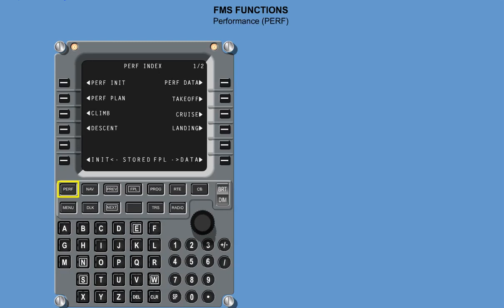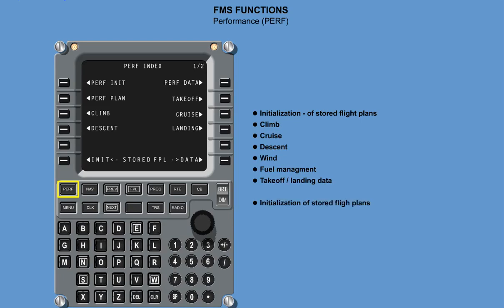Performance. This function gives access to performance-related pages, including performance initialization, climb, cruise, descent, wind, fuel management, and takeoff and landing data. In addition, it permits the initialization of stored flight plans and execute performance computations.